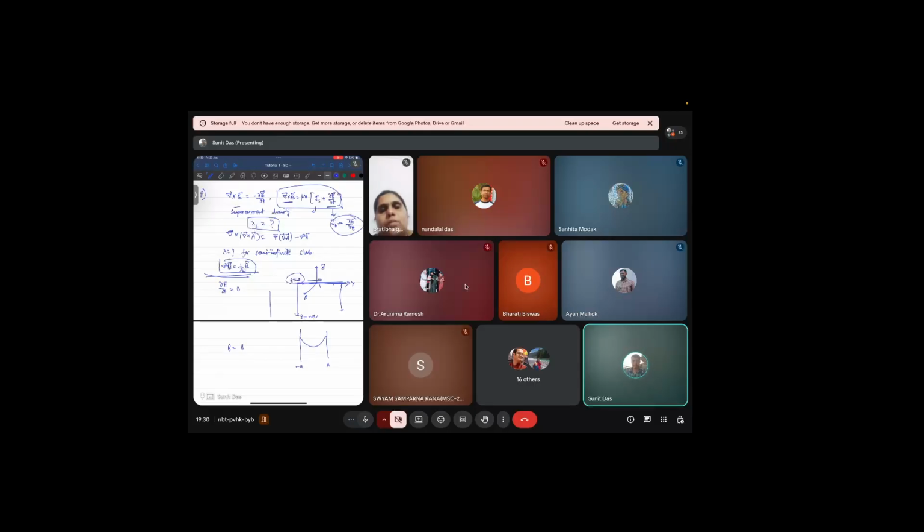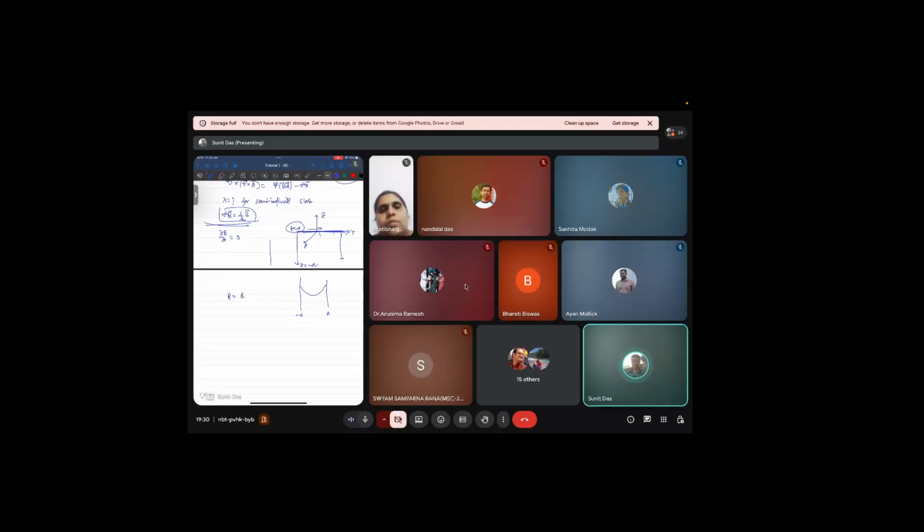So B equal to B0 outside, this is B0 applied. Then B equal to B0 at, let's say, x equal to minus a and plus a. For this case this is not semi-infinite.